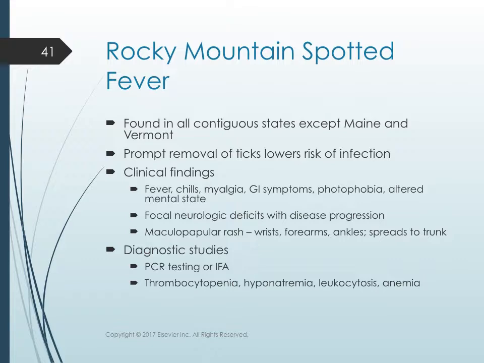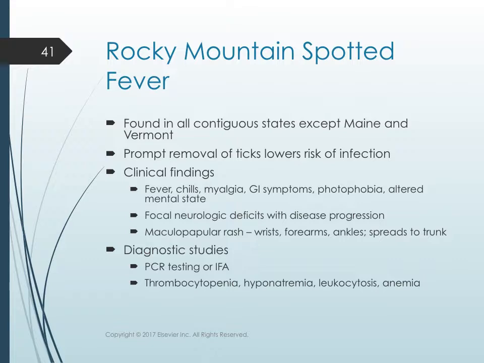Again, it has sort of a general presentation: flu-like illness, fever, chills, myalgia, and rash. Apparently the rash is diagnostic, but I've never seen it, so I would probably test myself if a patient presented with these clinical findings and a rash that I couldn't diagnose.